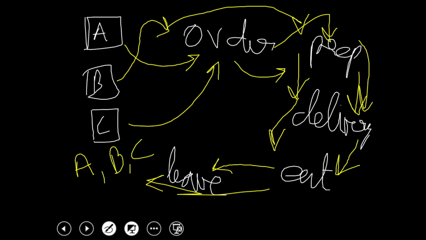So what is the advantage here? Say, for example, the main salary we are giving is to the waiter and the chef.